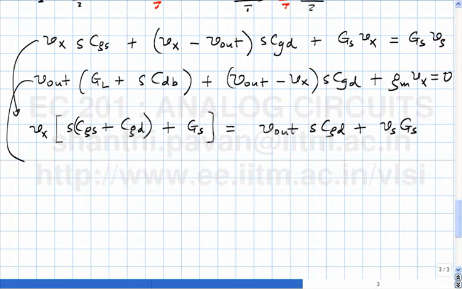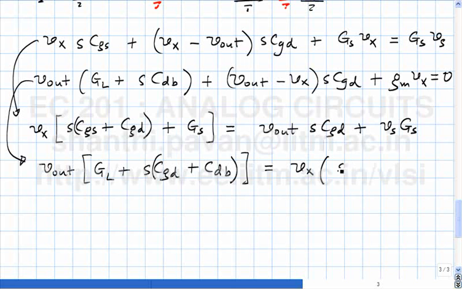What about the second one? Vout times GL plus S times CGD plus CDB must be equal to Vx times SCGD minus GM.